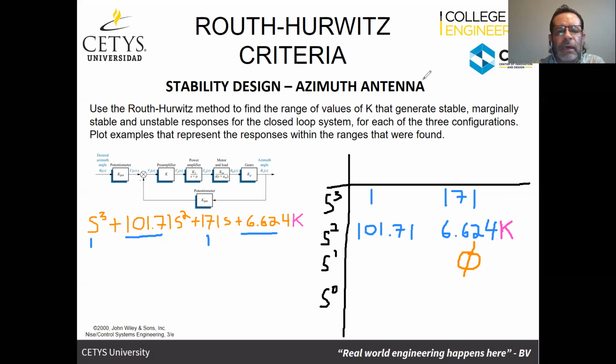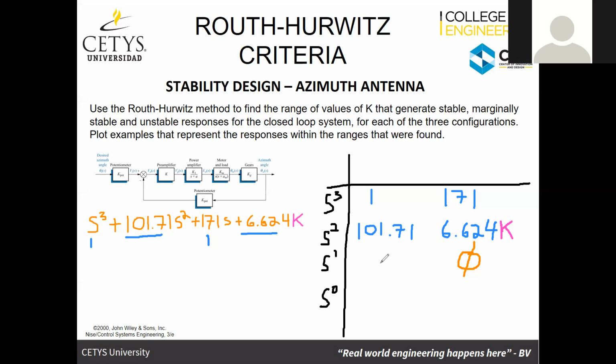Can somebody help me out with that? I think somebody had raised their hand. Carlos, go ahead, please. 170.93. Okay, let me write that down. There are more decimals, but let's use 2 for now. Could you repeat that, please? It's 170.93.